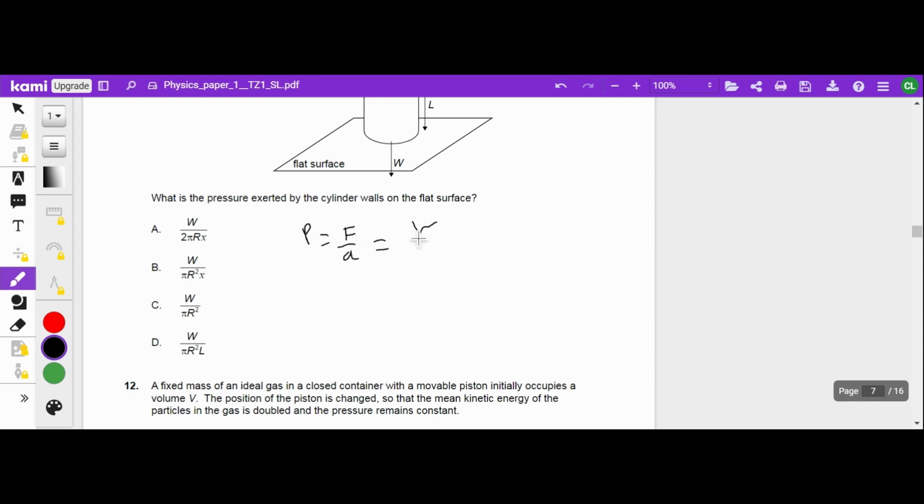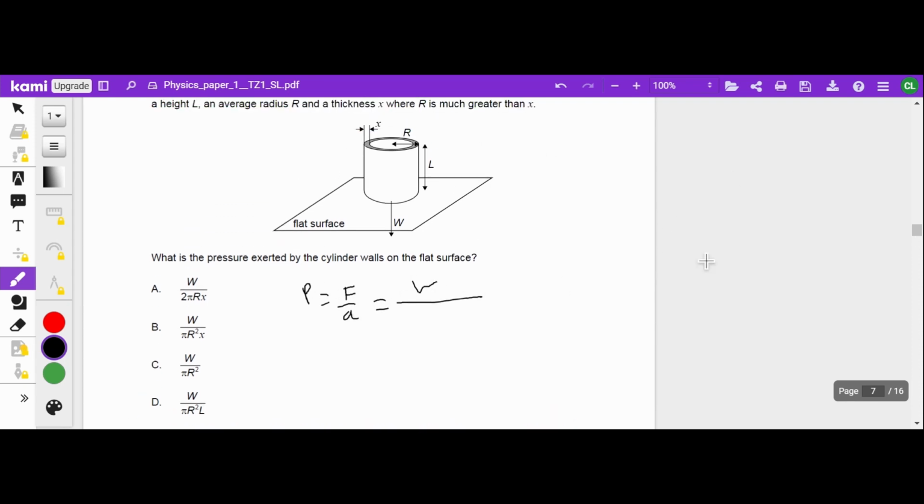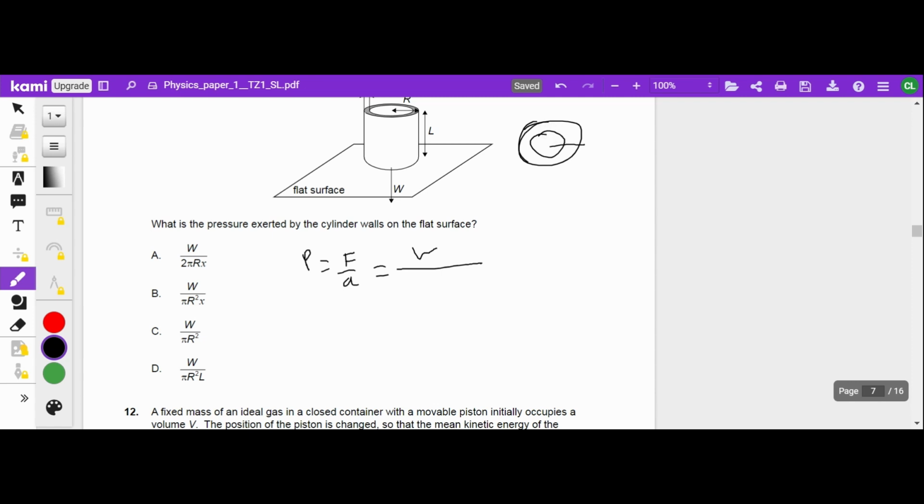So it's the weight divided by the area of this whole thing, and then minus the area of the inside. So pi R squared, and then minus pi (R minus x) squared.